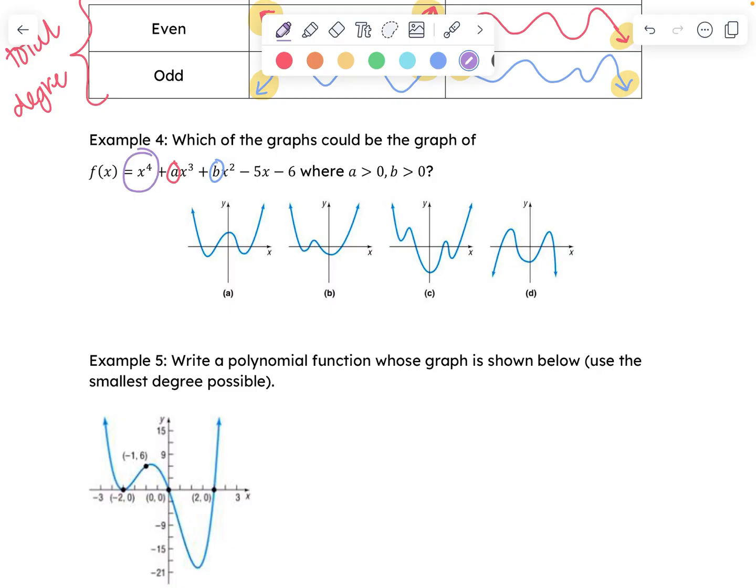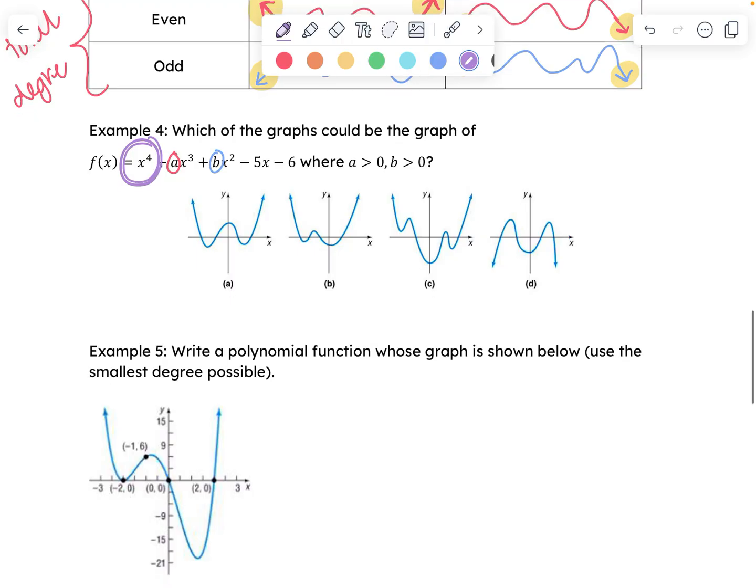So what really matters is that we know the leading term, which is that x to the fourth. Remember, the leading term is the one that has the highest degree. And if you look, that highest degree is 4, which means that we're looking at an even function. So you can see all of them start and end in the same place, just like our even functions do.